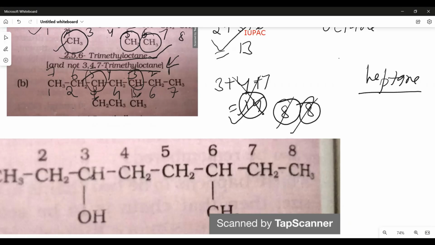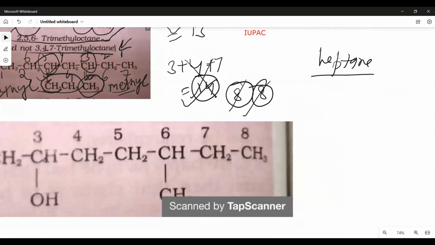Now there is a question: if from both sides it is 8 and 8, meaning the molecule is symmetrical and the addition of the positions of substituents comes out to be the same, then we have to see the name of the substituent. This is methyl and this is ethyl. One is methyl, one is ethyl. So alphabetically, ethyl comes before methyl. So the preference is that the lowest number will be given to ethyl.